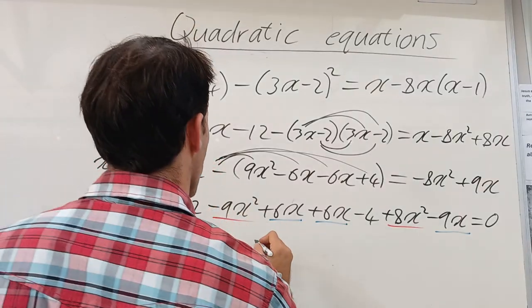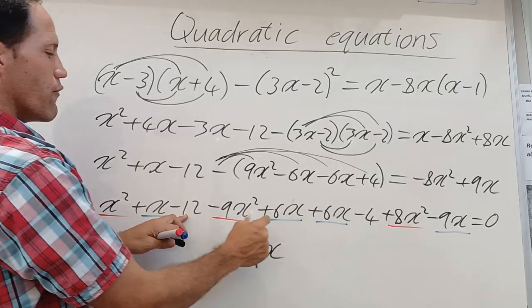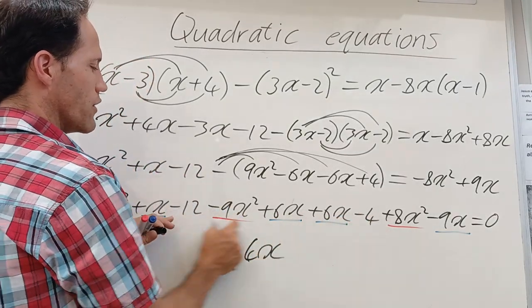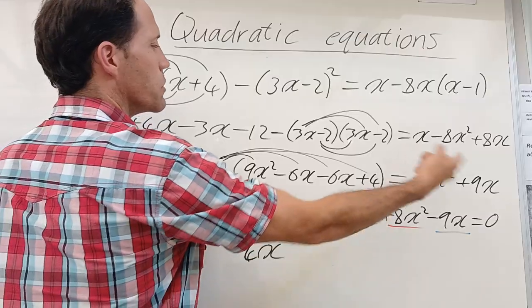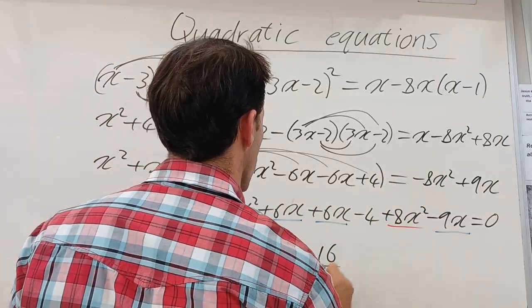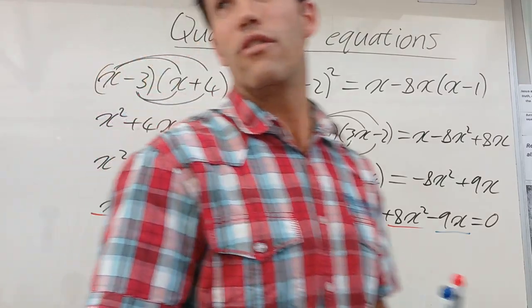So we're left with 4x. And then the negative 12 and the negative 4 is negative 16. That's all we have, negative 16. So when we take it over, it becomes plus 16. And then when you divide by 4, x is equal to 4.